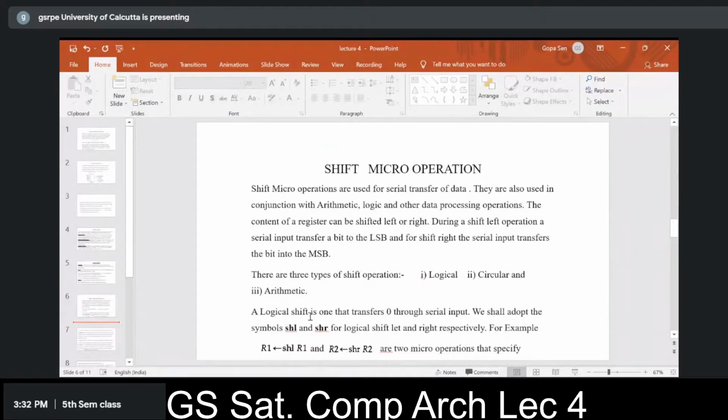Obviously, in a shift operation, the source and the destination register will be the same, only we are serially shifting the data. Shift left R1 means the content of the R1 register is shifted one bit to the left.